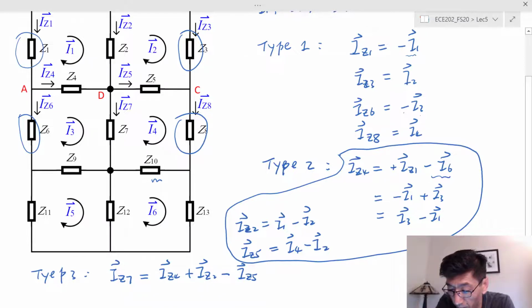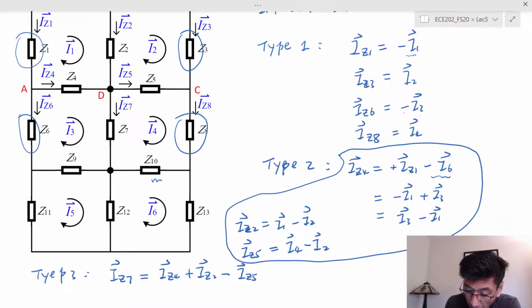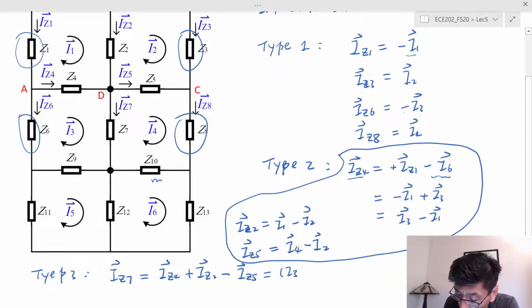And see if we can utilize the type 2 equations to replace with the mesh currents. In this case, the I sub z4, that's the I3 minus I1, right? And I sub z2, that's I1 minus I2, right?